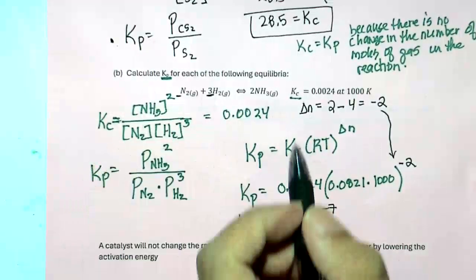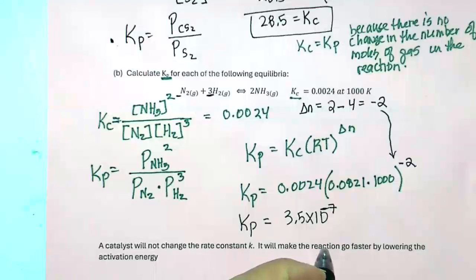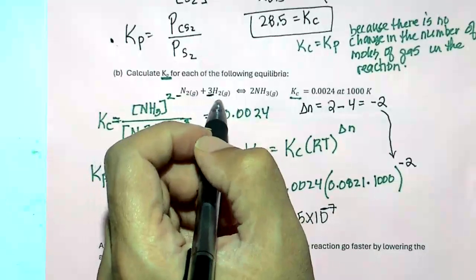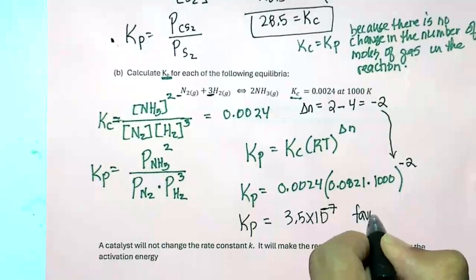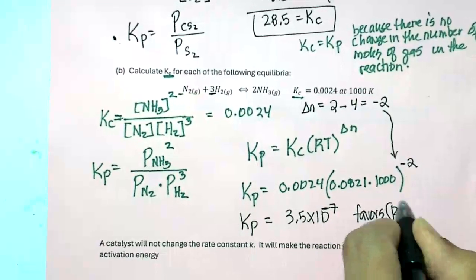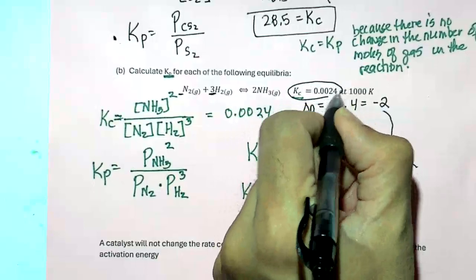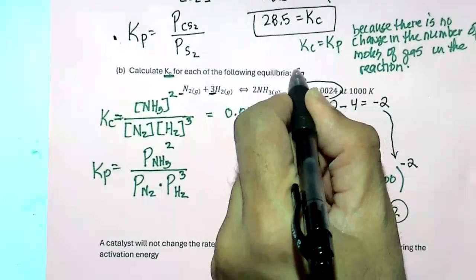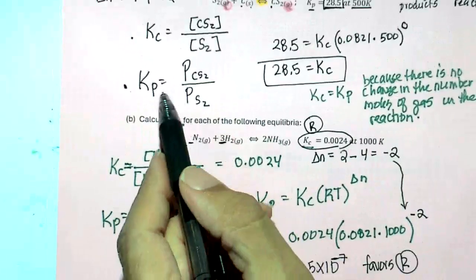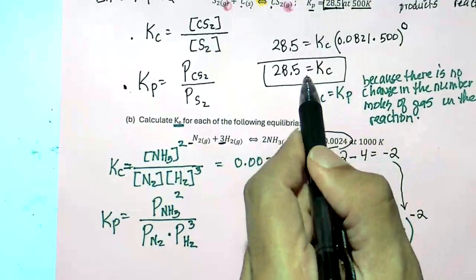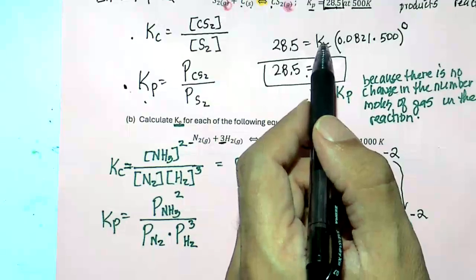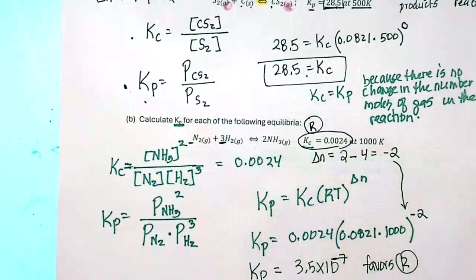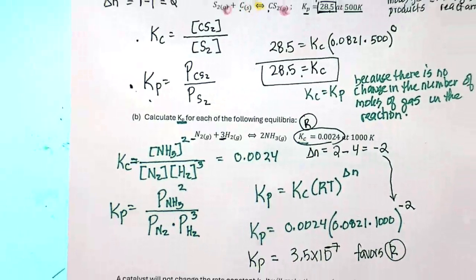Where do you think this reaction favors, reactants or products? 10 to the -7 is very small, less than 1, so this equilibrium favors reactants. Same thing here, less than 1 favors reactants. What do you think this equilibrium favors? It's greater than 1, so what will we have more of, reactants or products?